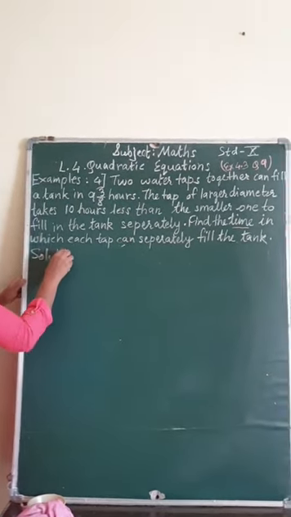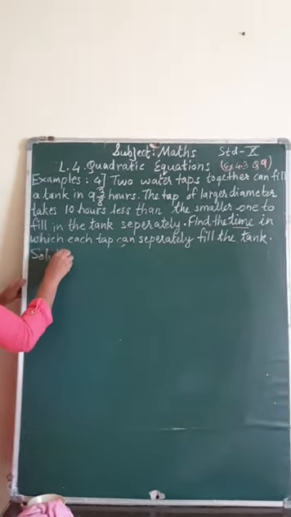But we know that in these many hours together, the whole tank will be filled. It means one whole tank. So can we form the equation by using this information, equal to 1?